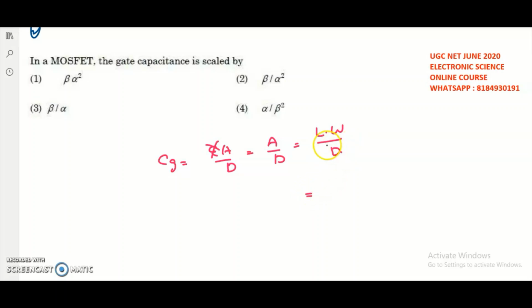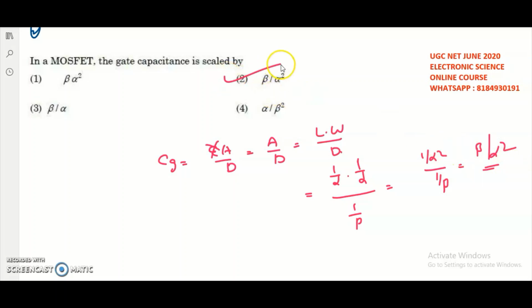The length of the channel is scaled by 1 by alpha, and the width of the channel is also scaled by 1 divided by alpha. The thickness of the silicon dioxide is scaled by 1 divided by beta. So it becomes 1 divided by alpha square divided by 1 divided by beta, that is equal to beta by alpha square. So from this concept, the second one is the correct answer.